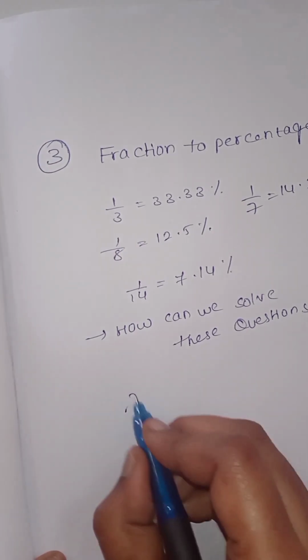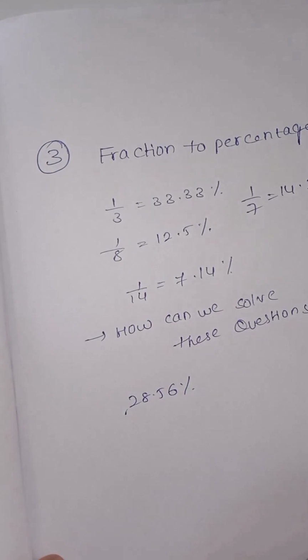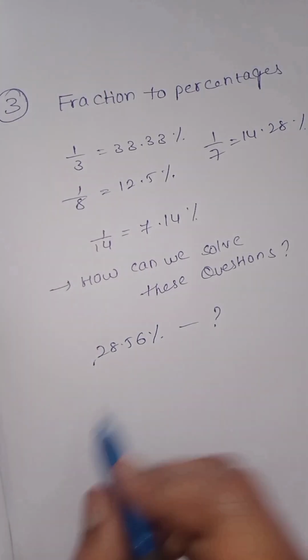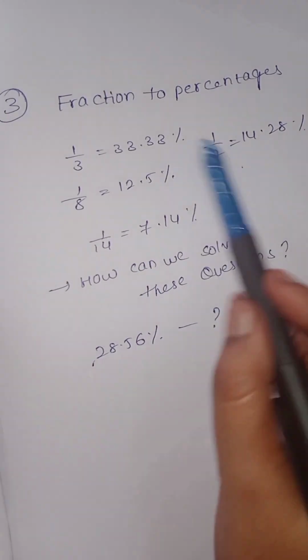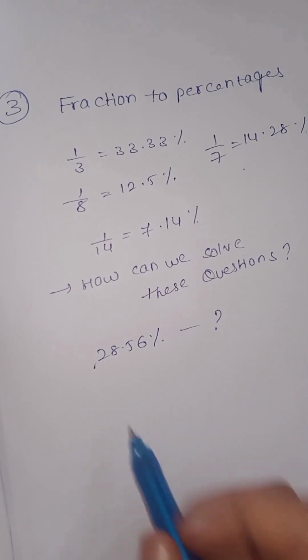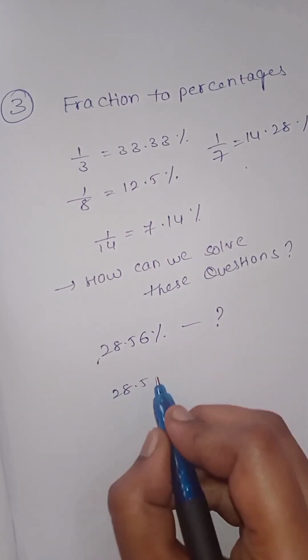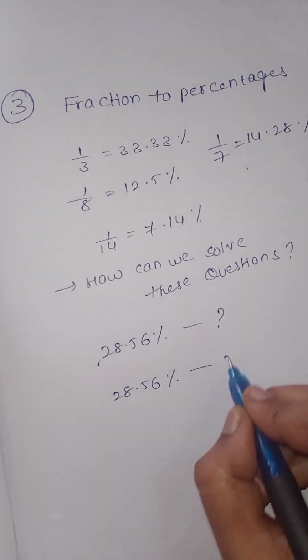So how can we solve these types of questions, like 28.56%? Do you know the value of 28.56%? If you don't know this, I will tell you how you can solve this type of value. So guys, carefully observe this value.